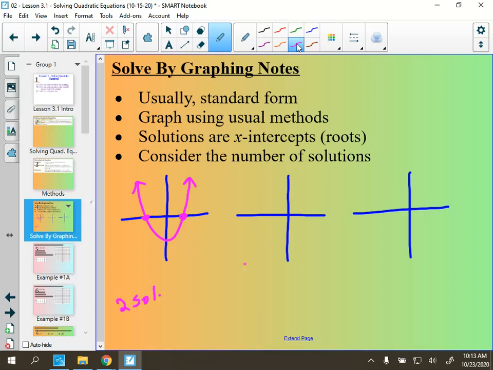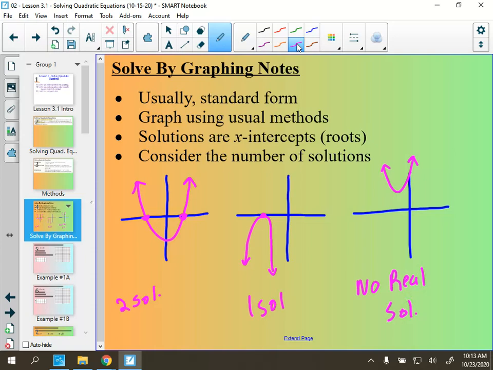We could end up with a graph that just touches it once at its vertex, whether it's opening up or down. And then we could end up with a graph that doesn't cross my x-axis at all. For now, let's just say there's no real solutions. We can say just no solution.